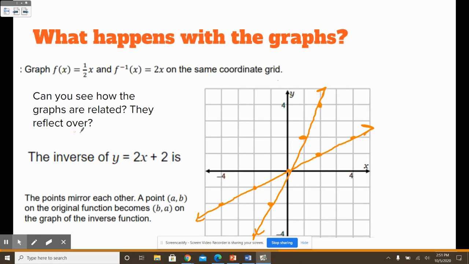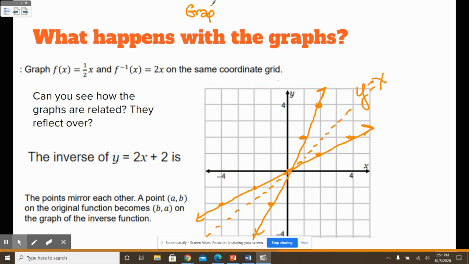Okay, they do reflect over a line, and the line that they reflect over is right there. That's the line y equals x. Because the ordered pairs switch, they reflect over the line y equals x, and that's another property.